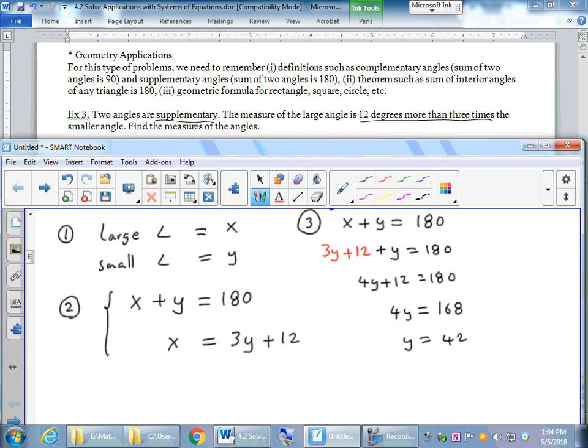Right? Now, since the question is asking you to find the measure of the angles, right now we only get the small angle because y is representing the small angle, and we need to find out what is my large angle.